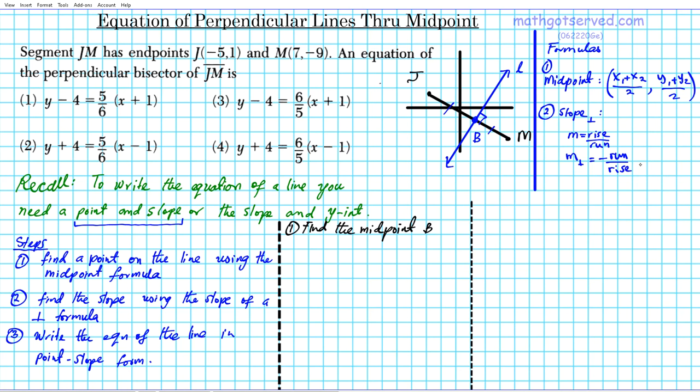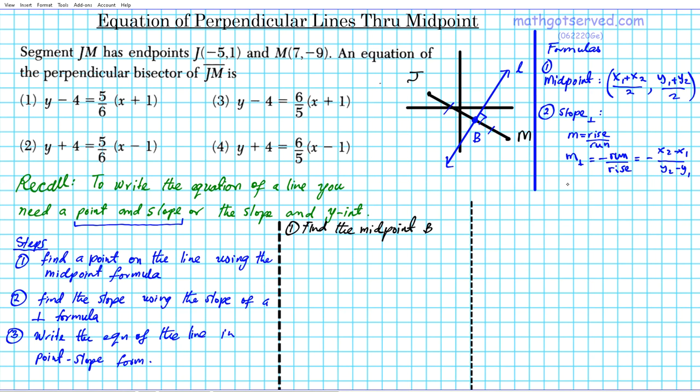That's the slope of a perpendicular line. So instead of y2 minus y1 over x2 minus x1, it's going to be negative x2 minus x1 over y2 minus y1. Okay? If you don't like this formula, you can just find the slope using the regular formula and then do the negative reciprocal to get it.